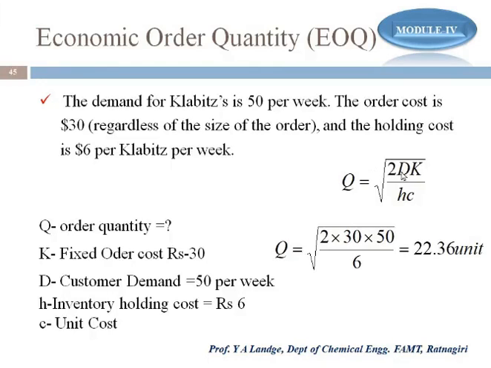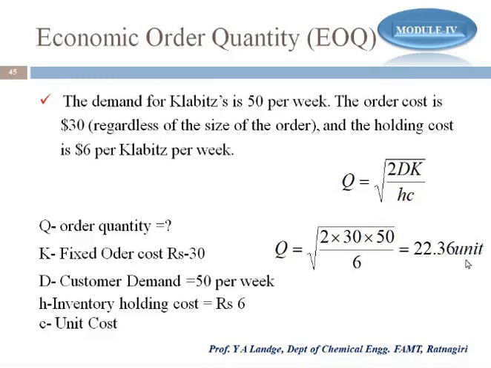So the demand is 50, that I am taking, the K is the fixed cost, which is 30, divided by the holding cost of 6, and from that we got the value of about 22.36 units. It means the demand is 50 per week, the order cost is 30, and in this case I need to purchase about 22.36 units.